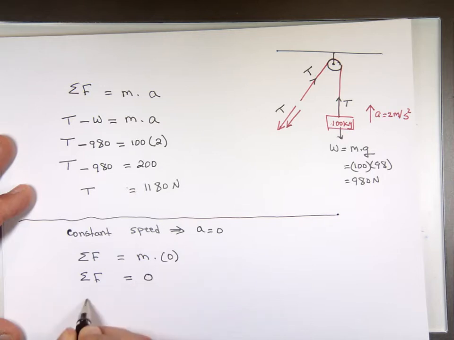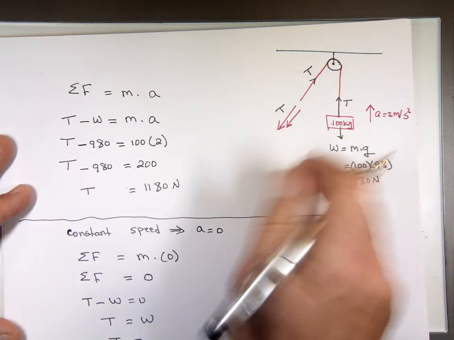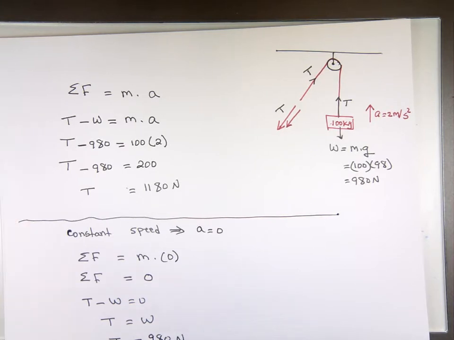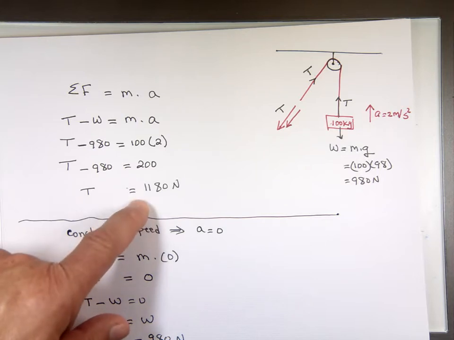The net force is T minus the weight. So in this case, if you move it at constant speed, the tension in the cable will be 980 Newton. Tension is a force, so the unit is in Newton. But when you move it up at higher rate, like acceleration of 2, then notice that the tension in the cable increased.